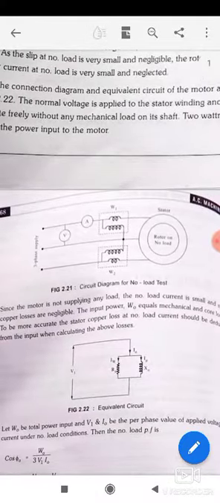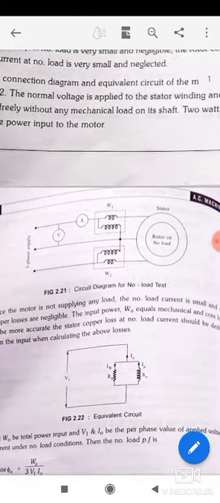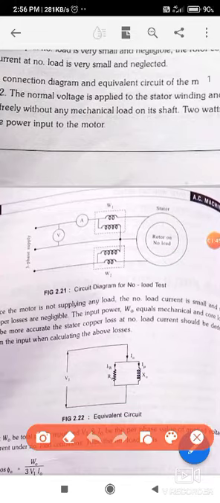Now let us see how to do the no load test. The purpose of the no load test is to find the no load current and no load power. If you apply rated voltage to the stator and run the motor freely without any load, and connect the voltmeter and ammeter as shown in this figure, the voltmeter denotes the no load voltage.